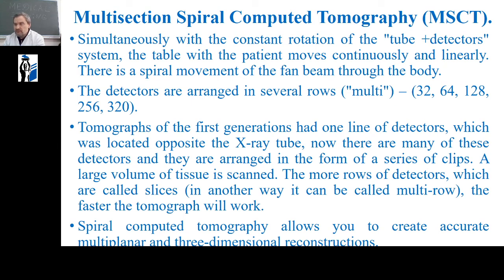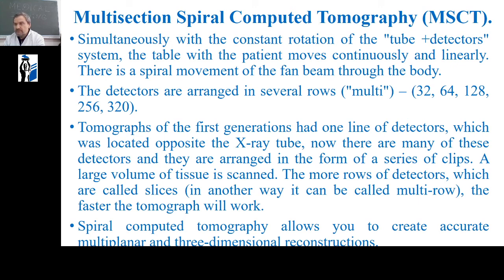A large volume of tissue is scanned. The more rows of detectors, which are called slices, or in another way multi-row, the faster the tomograph will work.